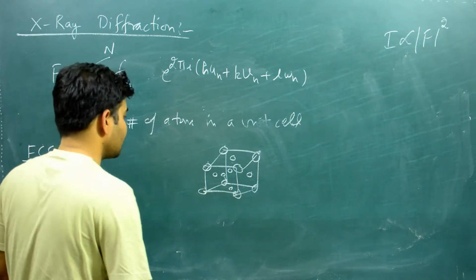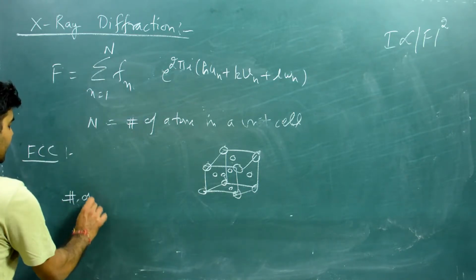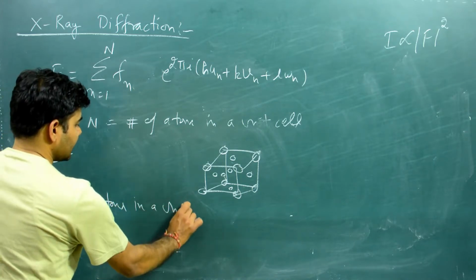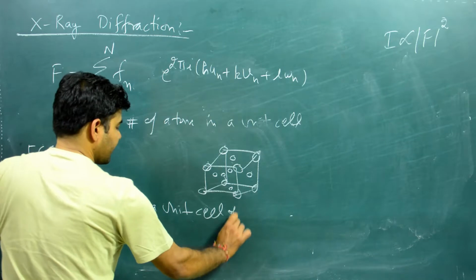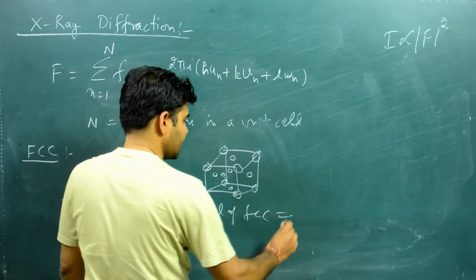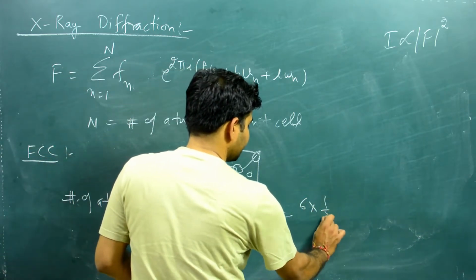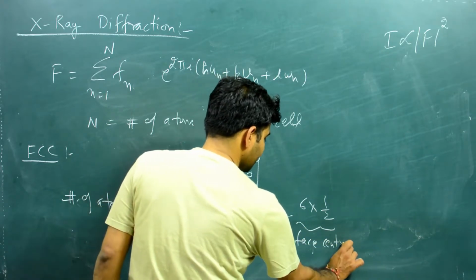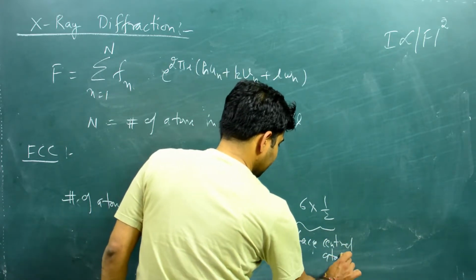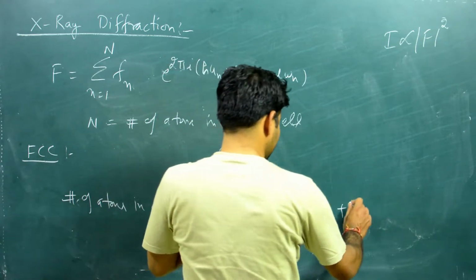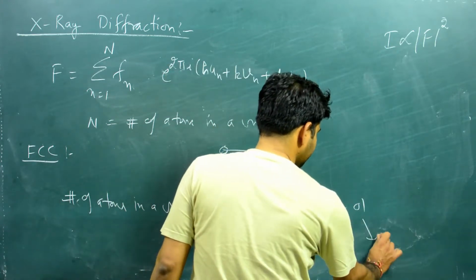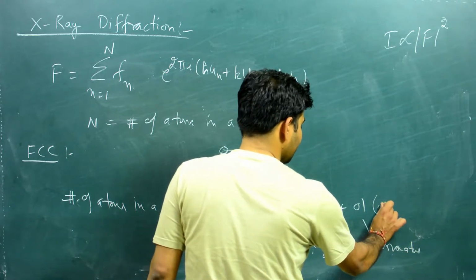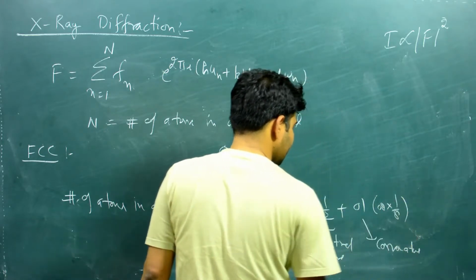So the number of atoms in a unit cell of FCC structure is 6 into half, which is due to the face centered atoms, plus 1 due to the corner atoms, which can be written as 8 into 1 over 8, as we discussed in the case of simple cubic.